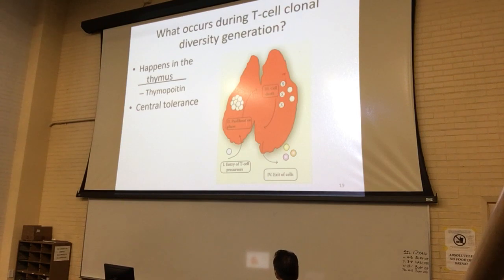They get into this proliferative phase. This is the thymus. And then they go through apoptosis and screening. And of course, you've got a few of them that actually leave that are immunocompetent and non-self-reactive. And this whole process is stimulated by thymopoietin, a central tolerance mechanism.